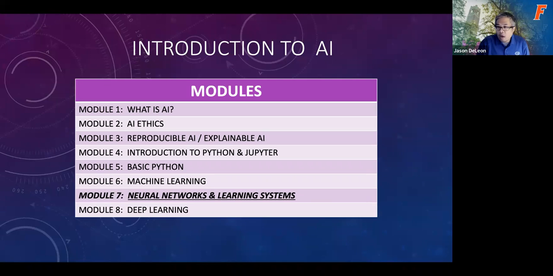Next, we look at other forms of AI and machine learning with Module 7, neural networks and learning systems. Neural networks basically is AI software, algorithms, and systems that have been inspired by and is designed to replicate how our human brains or human neural networks operate and process information.